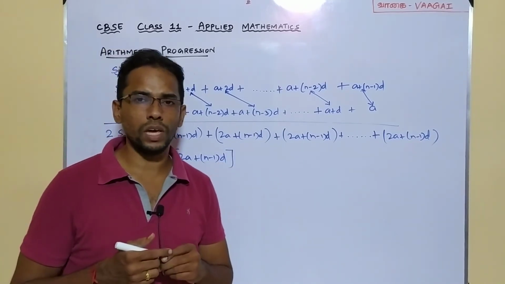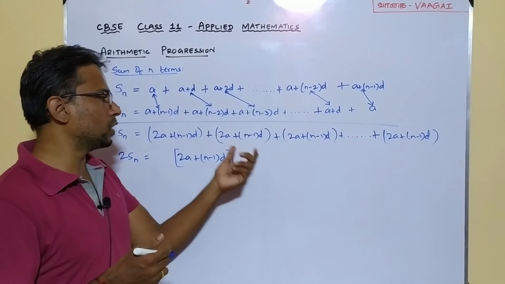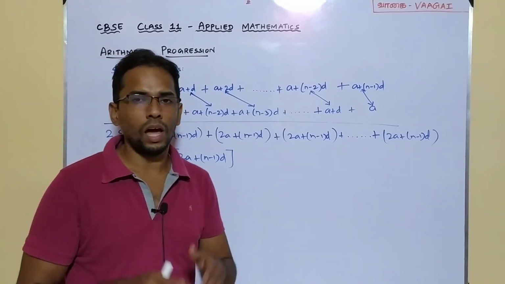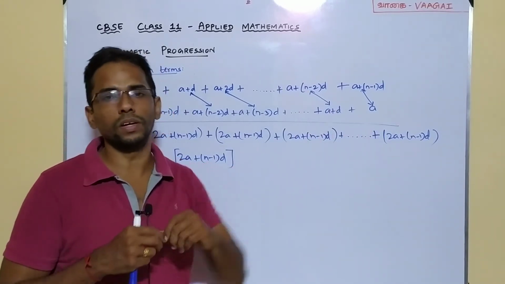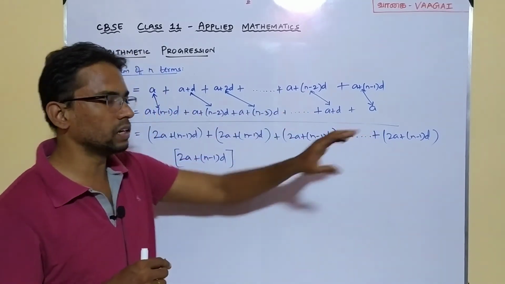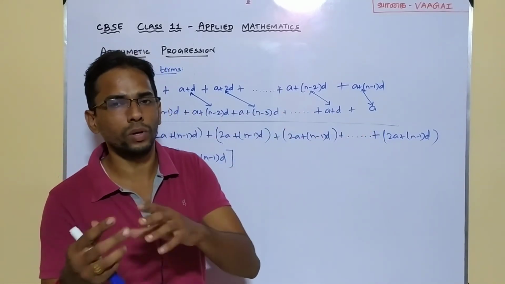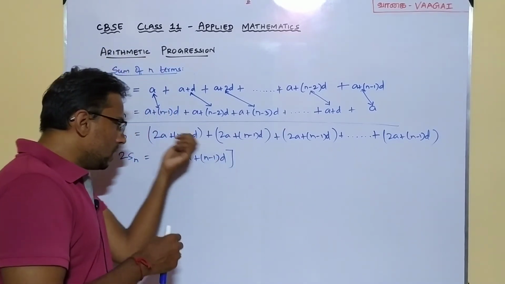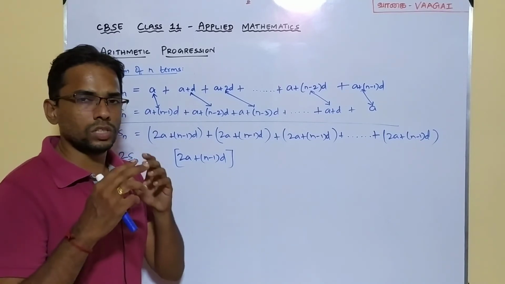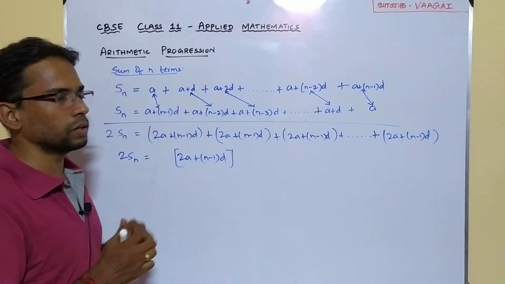And if you see, we have got this 2a plus (n minus 1) into d several times. If you carefully see, how many terms are existing here like 2a plus (n minus 1) into d? So we can multiply this 2a plus (n minus 1) into d that many times. Just closely see here, how many terms are here?